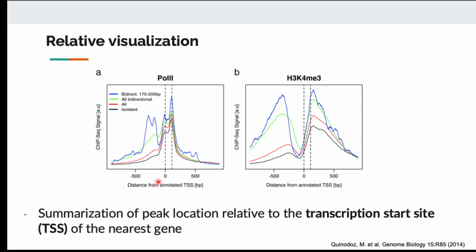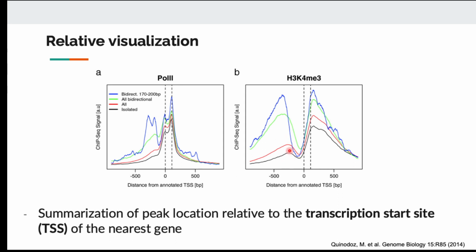So people like to summarize the data this way because we can see if our transcription factor, or histone modification, or RNA polymerase, does it accumulate near the gene? Because we cannot interpret histone modifications that are very far from the gene because we don't know if it will affect the gene or not.